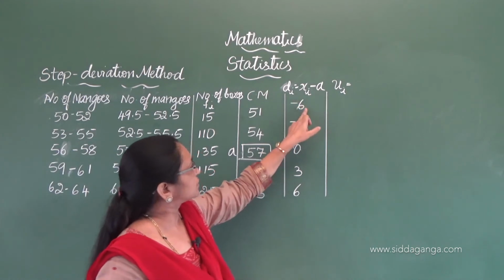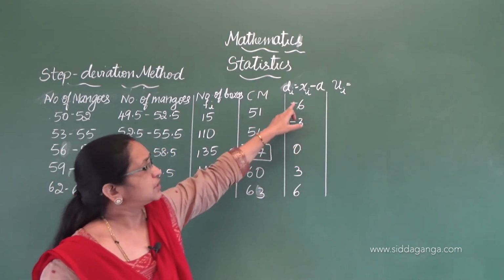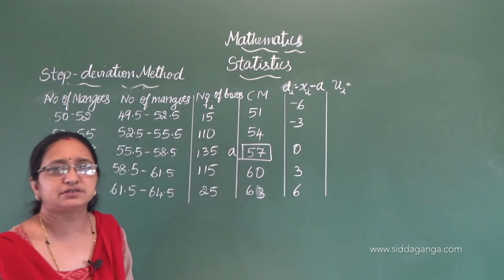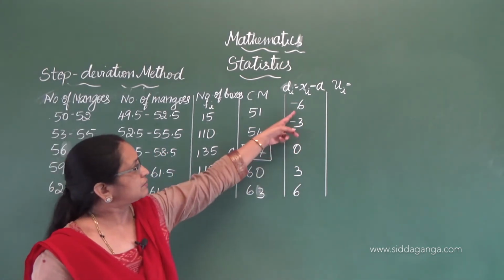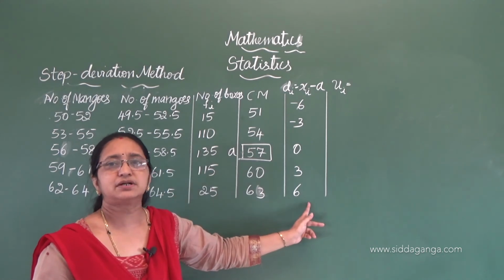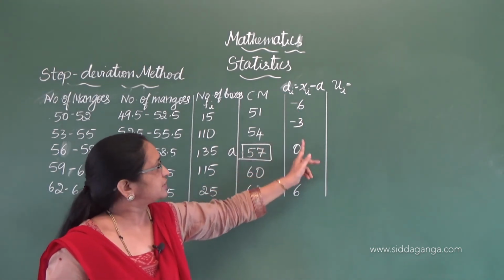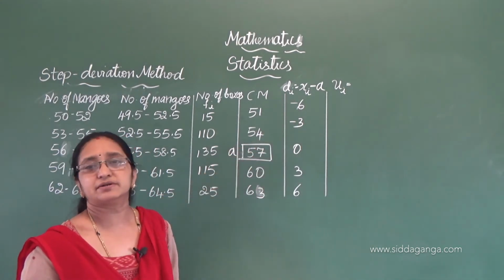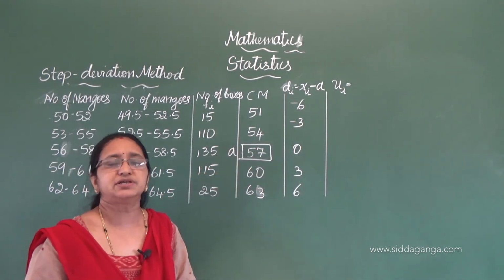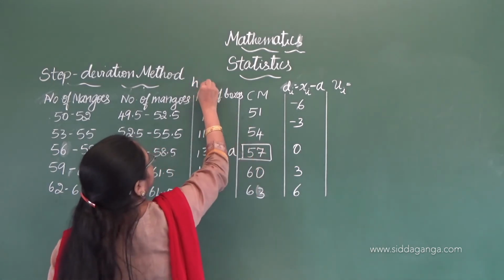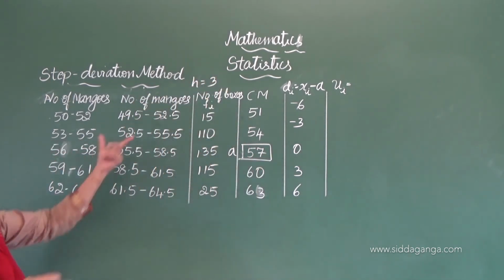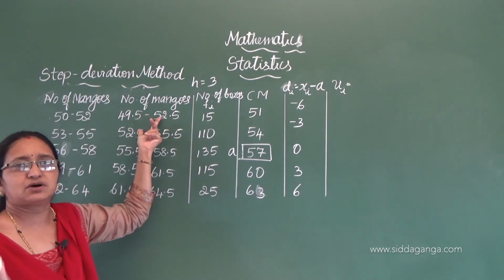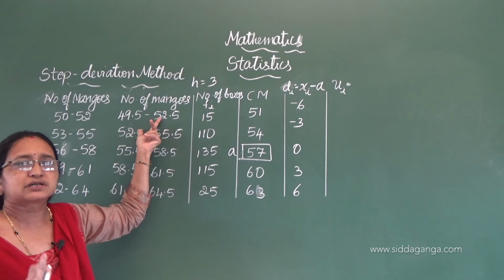See here, just observe this: if you divide by the common multiple, 3 divided by 3, definitely the values can be reduced. Here minus 6, minus 3, 0, 3 and 6, so all these can be divided by 3. So what is that 3? H. H is equal to 3 here. Why? Because H is the width of the class interval, or we can say the size of the class interval.